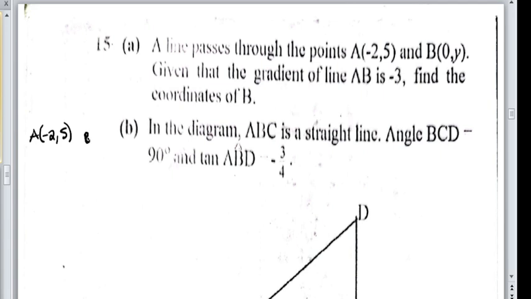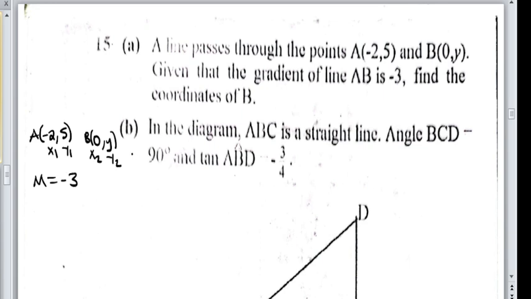Then point B is (0, y). So I can say x1, y1, x2, y2. Then they've said the gradient of the line AB is negative 3. Then they're asking us to find the coordinates of B.